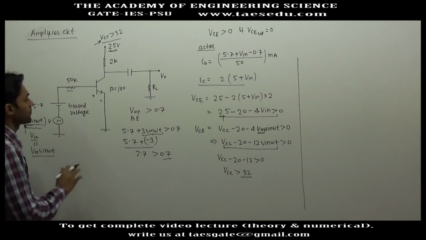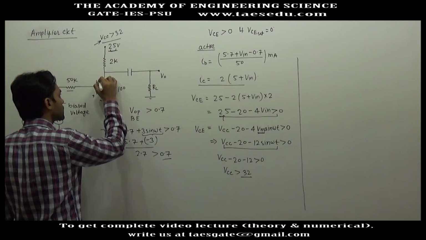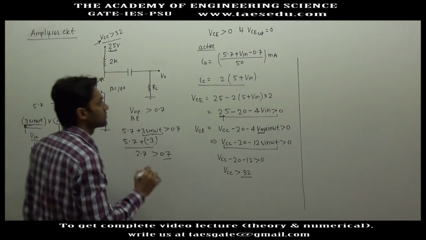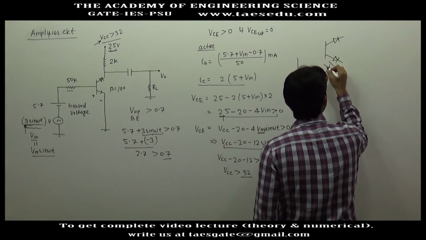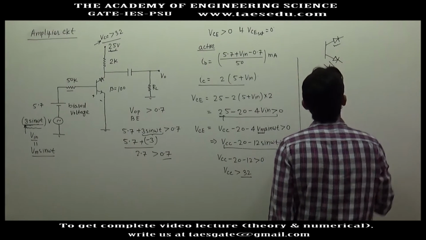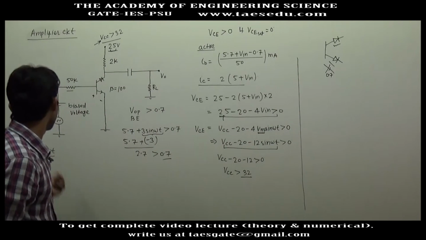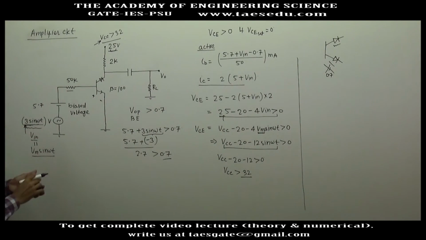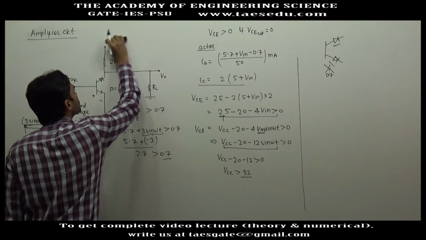The problem is, when the transistor operates in active region, this junction is reverse biased. This is forward bias, this is 0.7 volt, but this junction is reverse biased. Now if you have connected 3 sin omega t here, and let's say VCC is 50 volt, what will happen?